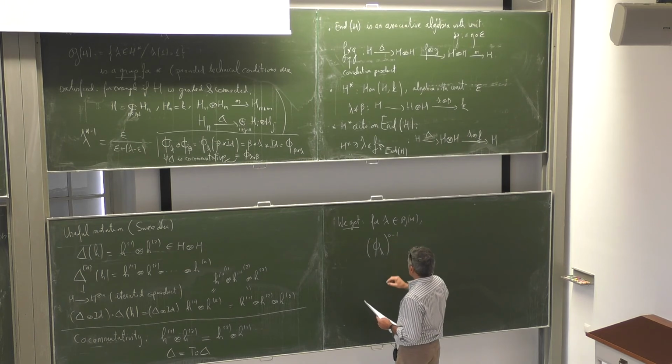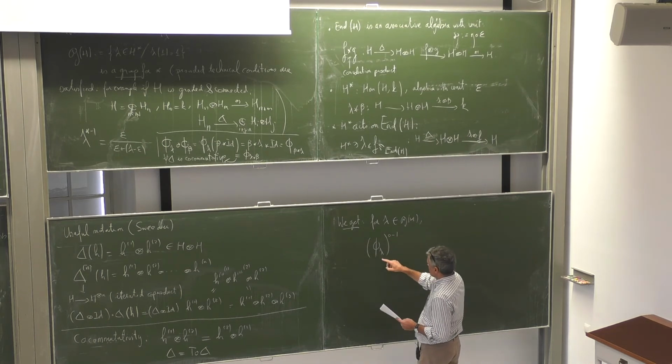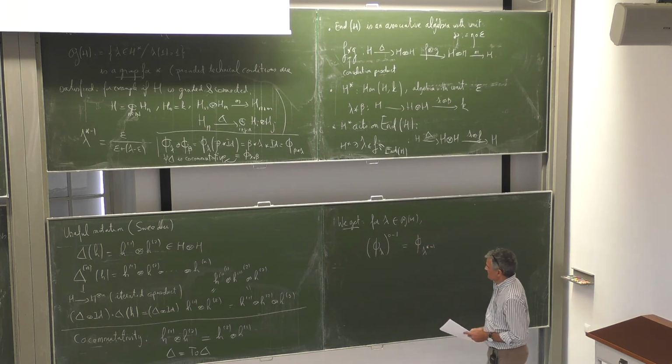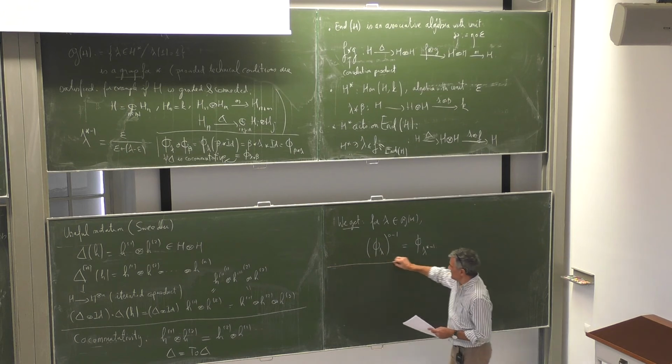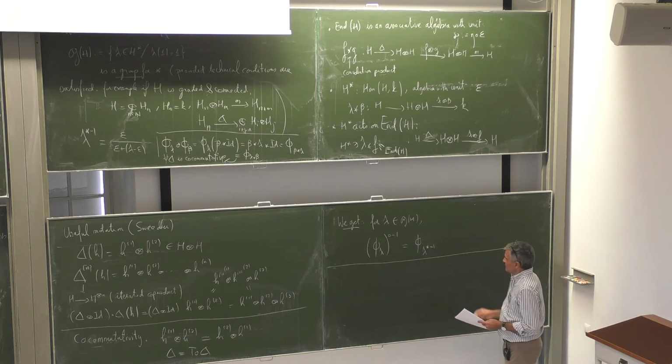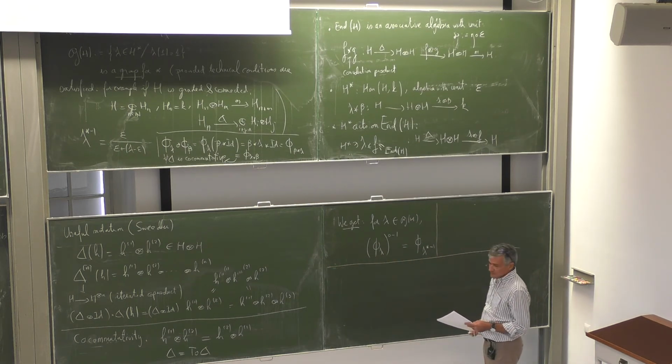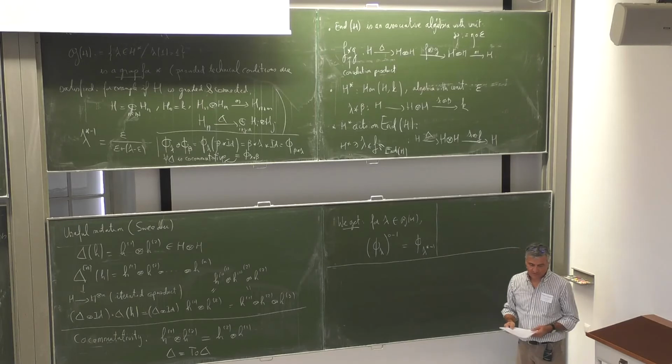So this is the inverse for the convolution product of phi lambda. And what I get is phi, the inverse of lambda for the convolution product. So there's a consistency between what happens in the algebra of linear forms and when I induce from these linear forms operations on the Hopf algebra.